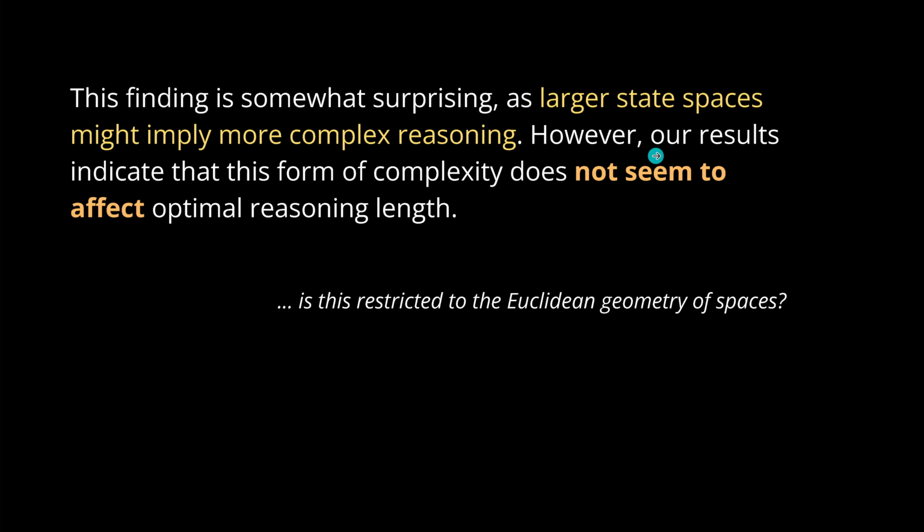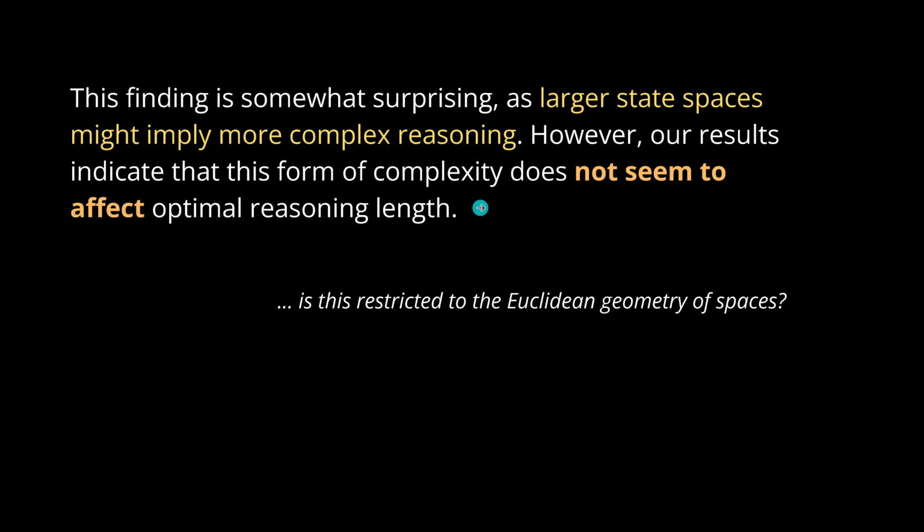And they tell us, however, our results indicate that this form of complexity does not seem to affect the optimal reasoning length. So the dimensionality of a higher dimensional state space for complex reasoning is not the factor that we're looking for. Remember, they are just referring to the optimal reasoning length. And this is an indicator for the correctness of the complex reasoning.